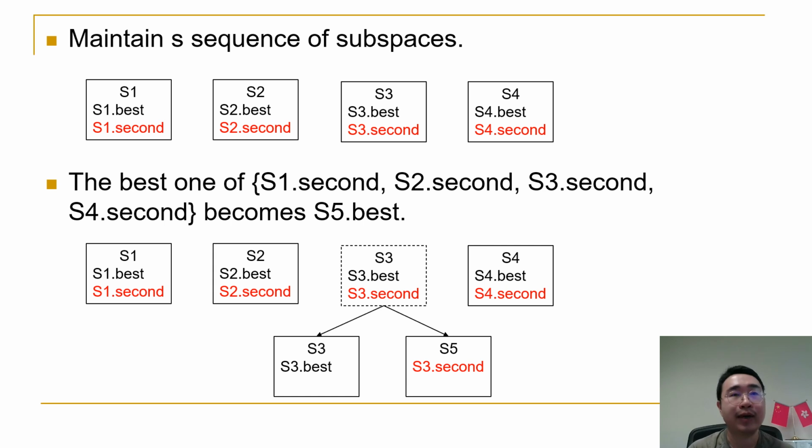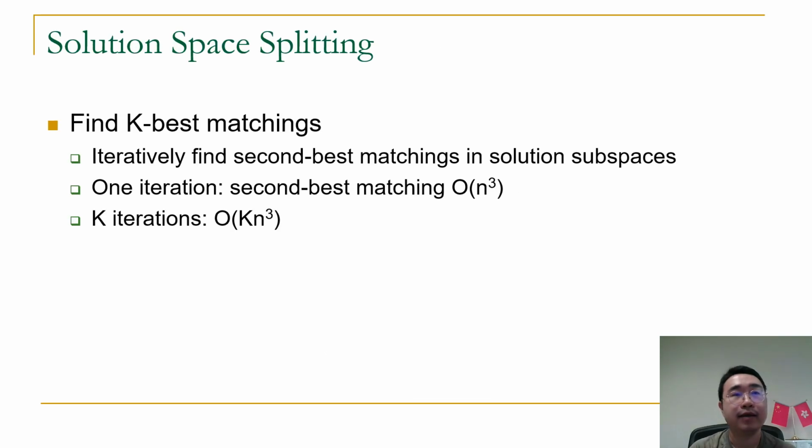The original best matching remains as the best matching of S3, but the original second best matching becomes the best one of the new subspace S5, and also denotes the 5th best matching of the whole solution space. After splitting, we need to recalculate the second best matchings of S3 and S5. In this way, the problem of finding k-best matchings is solved by iteratively finding second best matchings.